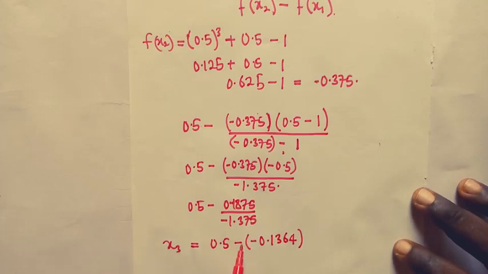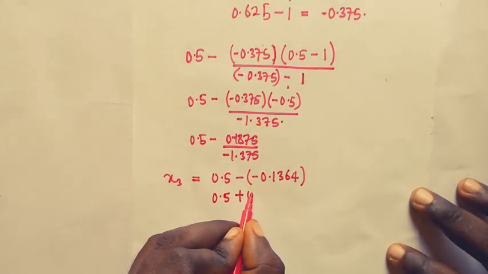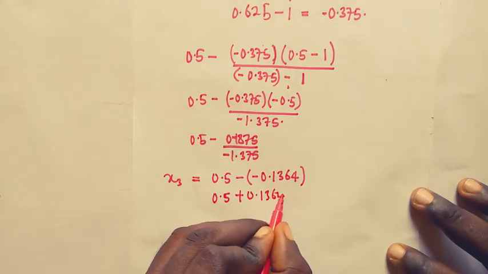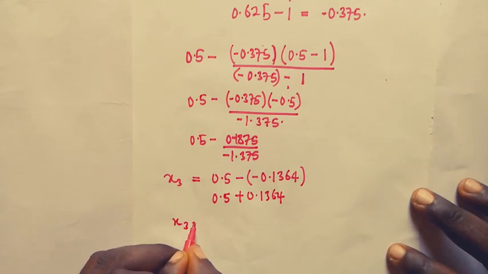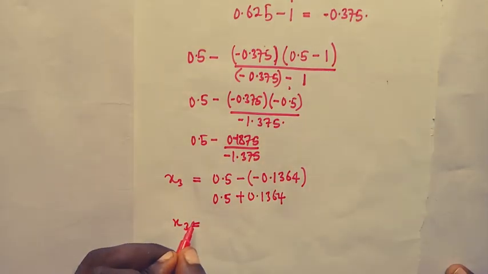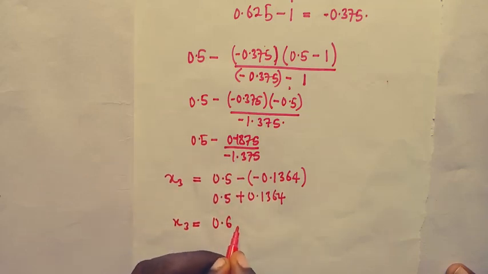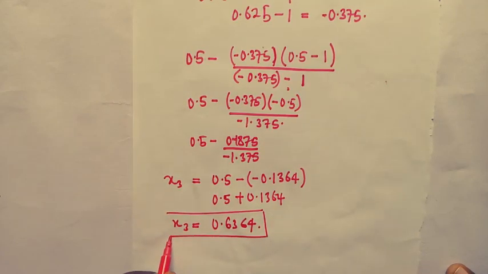And then because of these two negative signs, I'm going to have 0.5 plus 0.1364, and that will give me my x3, final x3, to be equal to 0.6364, and that is my estimated value for x3.